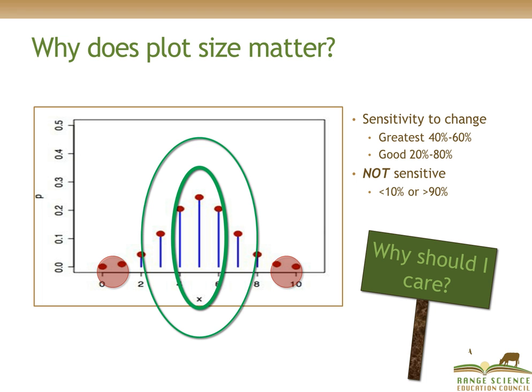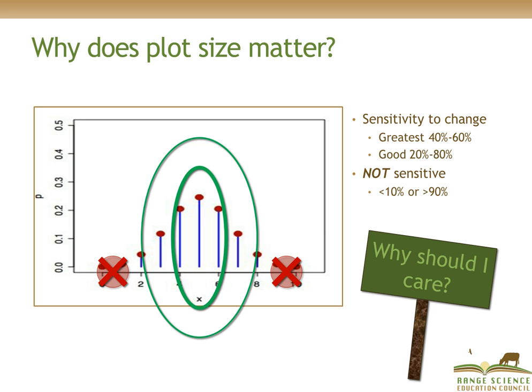When we're talking about change, we're talking about changes over time. So if we're comparing a frequency estimate taken at year 1 and a frequency estimate taken at year 2, we cannot detect change in these lower regions.